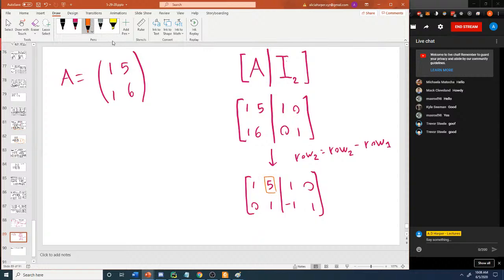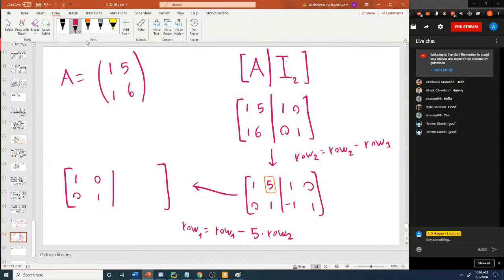So I have to subtract the bottom row from the top row: row 1 is equal to row 1 minus 5 times row 2. By doing that, I have succeeded in making the matrix on the left into the identity matrix. And let's see what happens on the right.